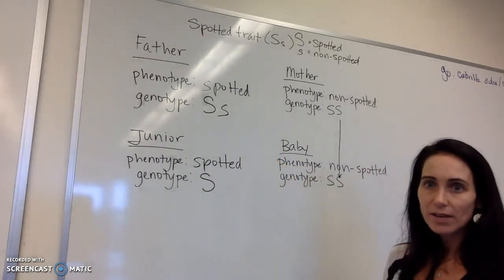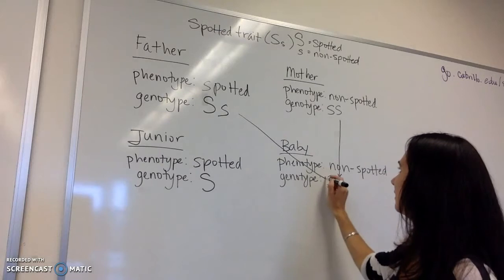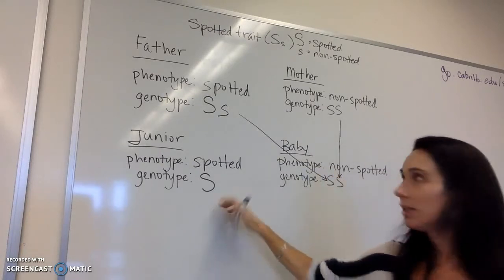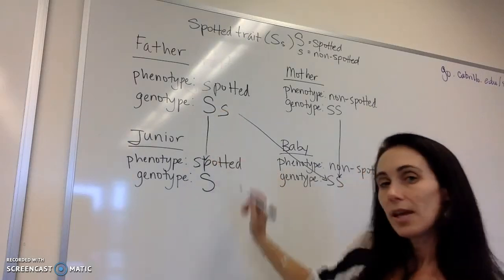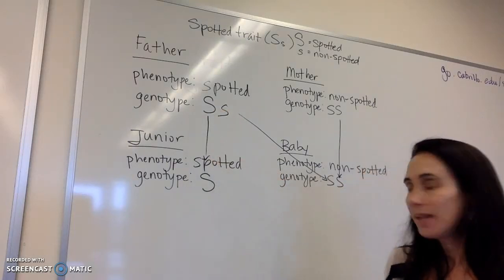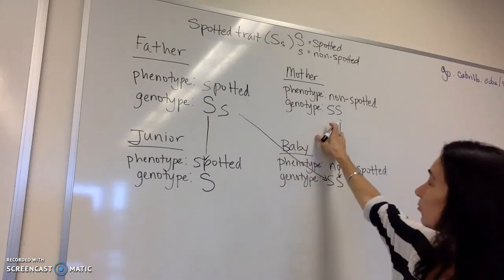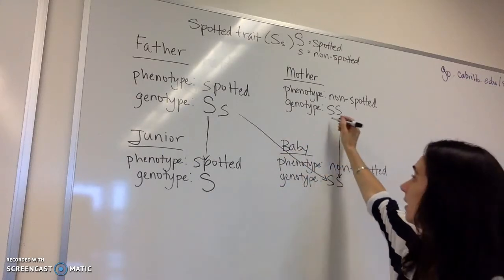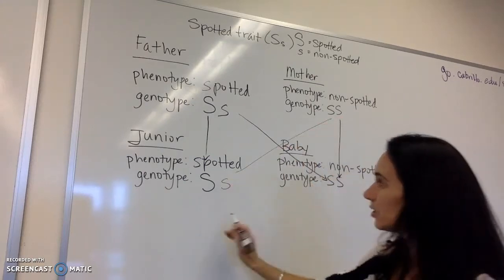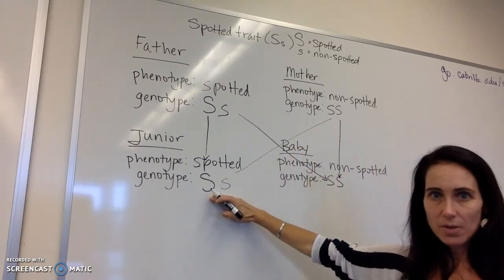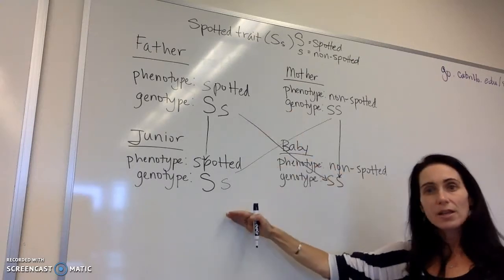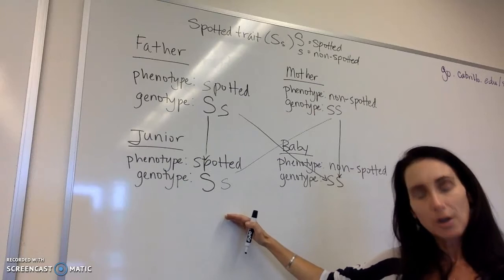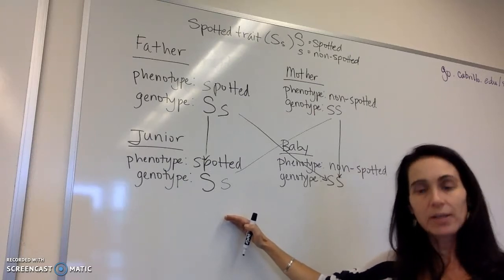It would have had to have come from dad. Okay? And likewise, since Junior is spotted, we know that that dominant allele came from Dad. And since recessive alleles are the only alleles that the mother can pass on, Junior has to be heterozygous dominant. So both father and Junior have heterozygous dominant genotypes and are therefore both spotted phenotypically.